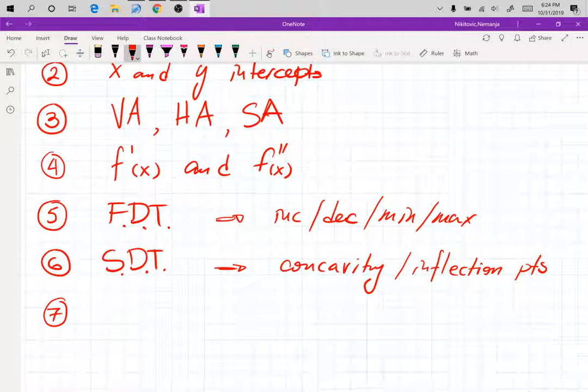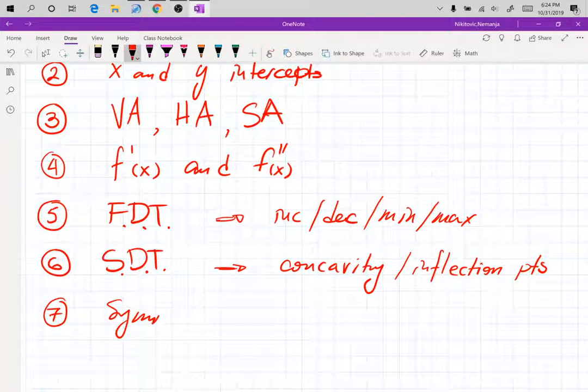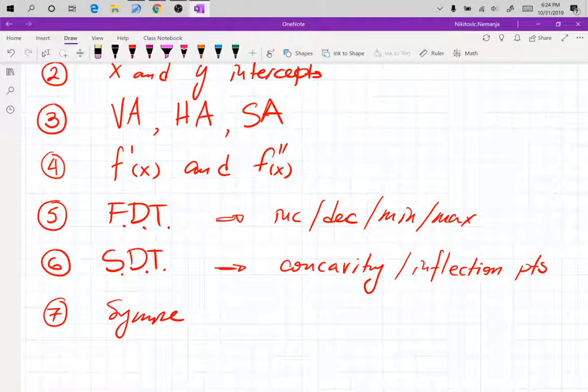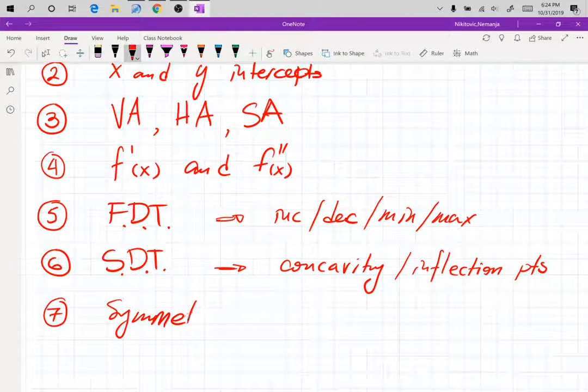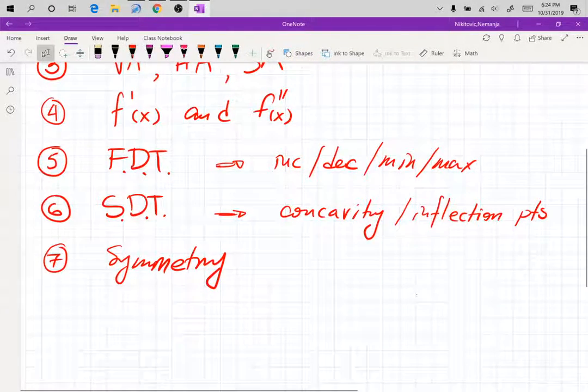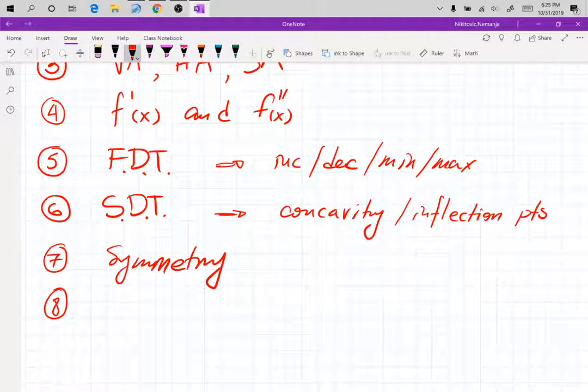Now, for number 7, I'm going to put something that pretty much no one ever uses, but it could be useful. Symmetry. For number 8, we are going to put additional points.